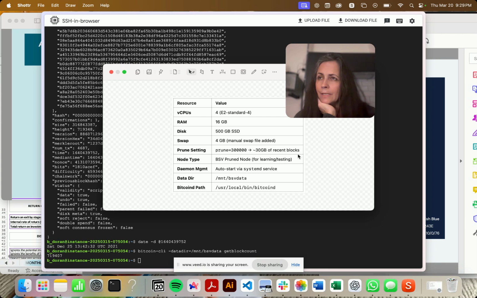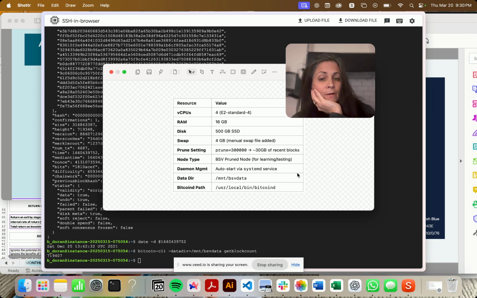And if I recall correctly, the logic is that if you make the prune setting bigger, then you can have the fast writes to process the big blocks. You have more room to do that. I think that's right. I'm not positive, but yeah, so I'm running a prune node.